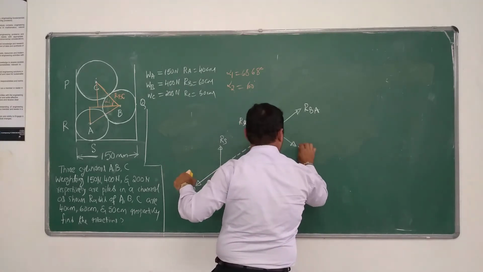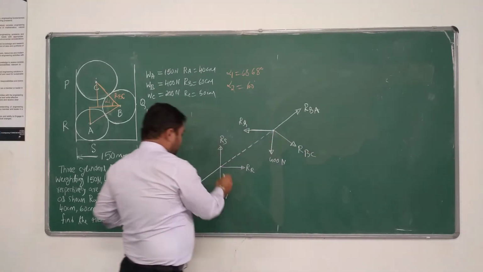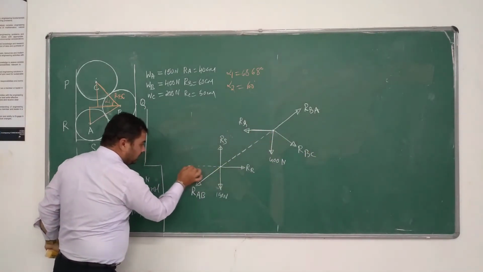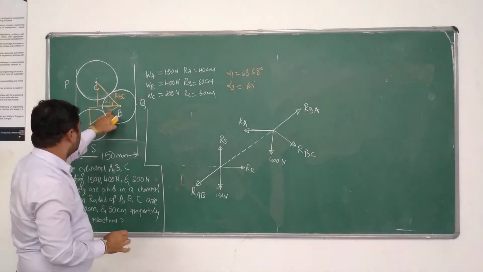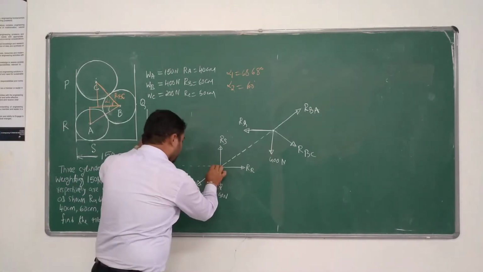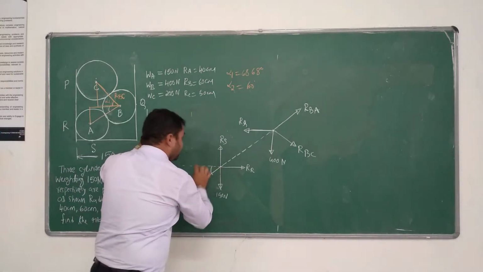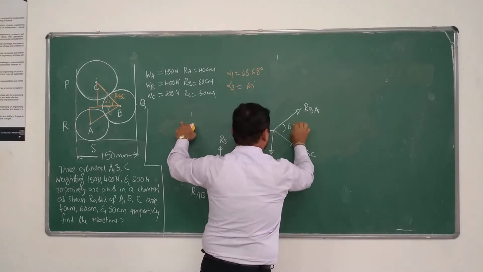So this is R B to C. Now this inclination we have calculated here. You can see this one is alpha 2, which is 60 degrees here, and here it should also be 60 degrees.